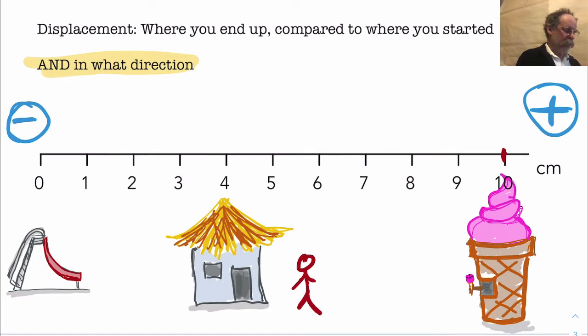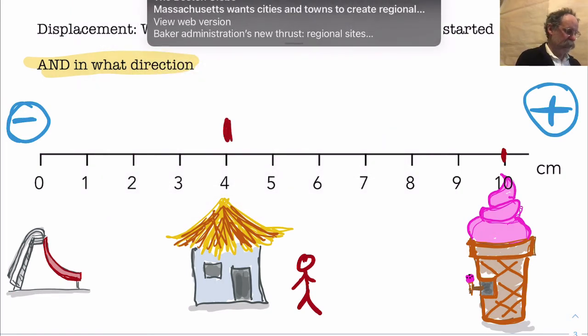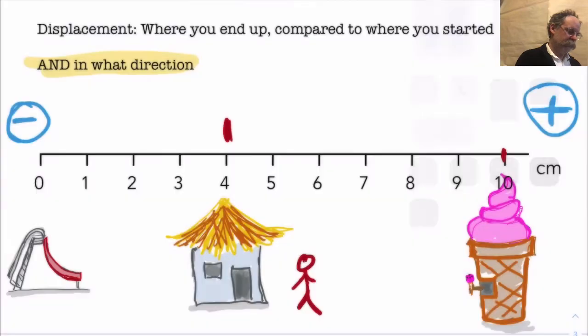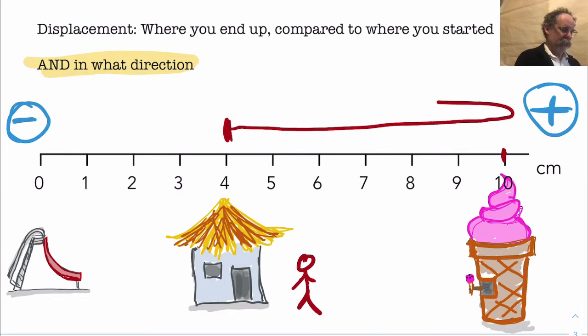What happens if she does this? What happens if she goes from her house... Oh, for heaven's sake. What happens if she goes from her house to the ice cream place and back to her house?